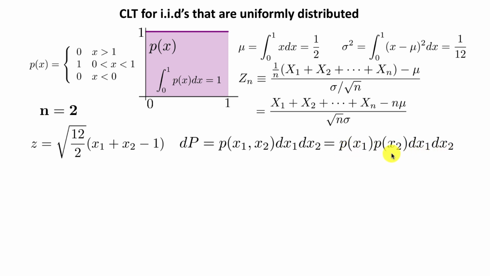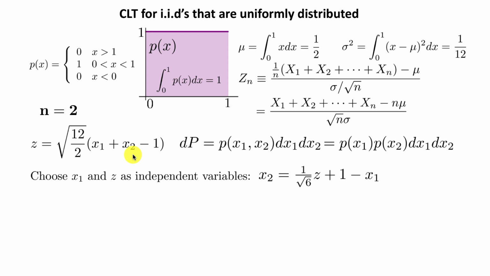Now you see I have actually two independent random variables, whereas if you look over here, there are three. There's z, there's x1, and there's x2. Well, that means that there are only two independent variables, and so we have a choice as to which to call independent. The third one will be dependent.